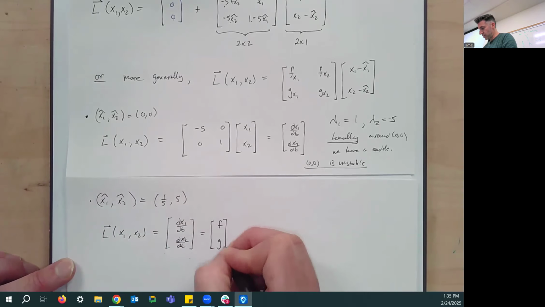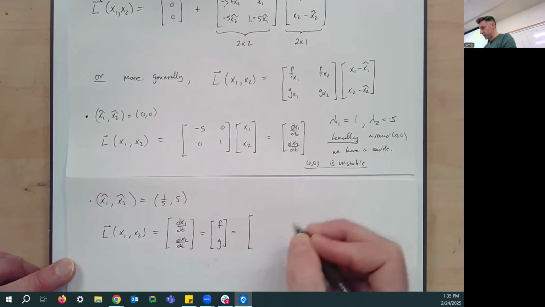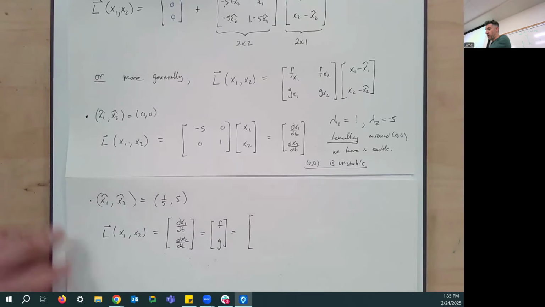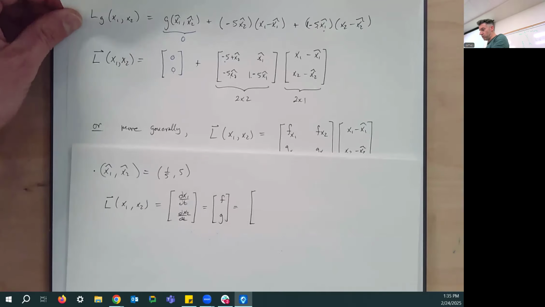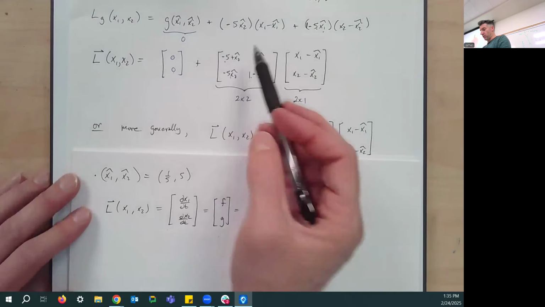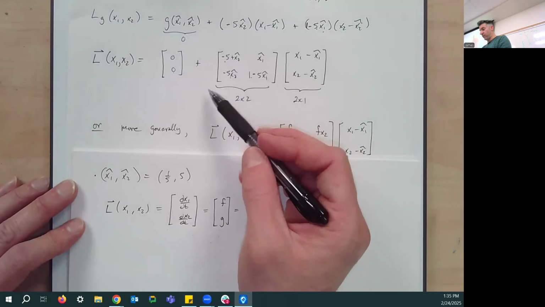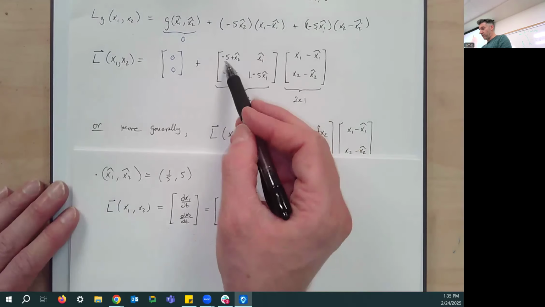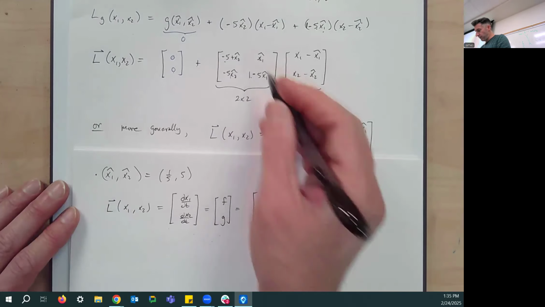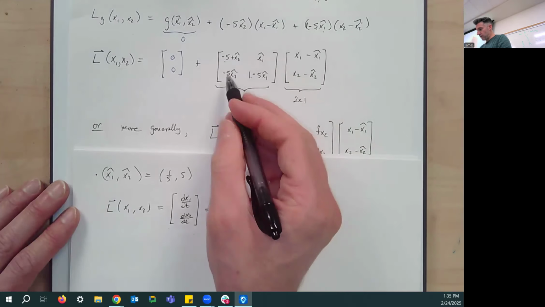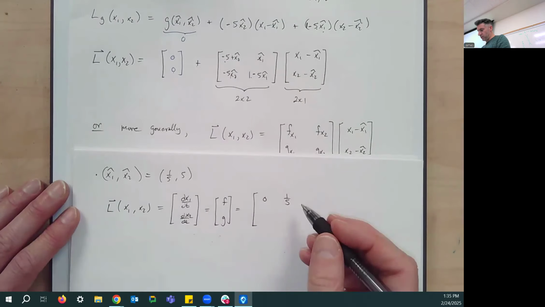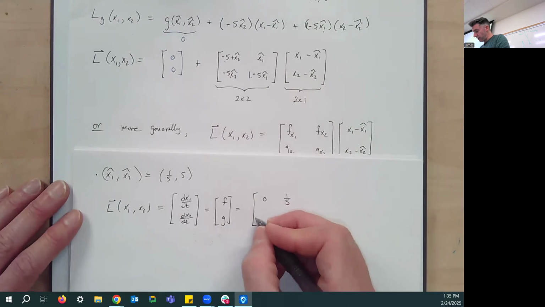FG is equal to the 2 by 2 matrix. I'm just taking my point and plugging it into this matrix, plugging in 1/5 for x1 and 5 for x2. The -5 plus 5 is 0. 1/5. -5 times x2 is going to be -25.